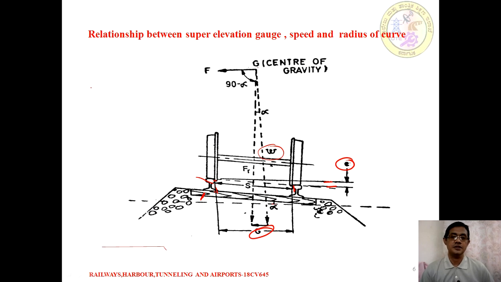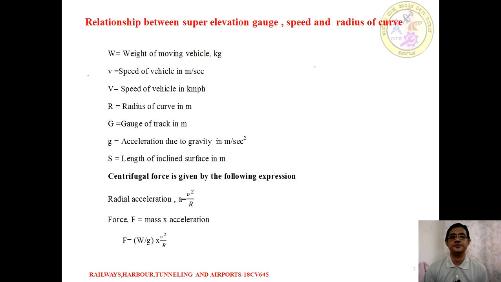This is a resolution of forces. We maintain the center of gravity, as I explained, so that it is exactly equal to the center when it is moving on the circular curve or horizontal curve. This image is used to deduce the relation between the super elevation with respect to gauge, speed and radius of the curve.